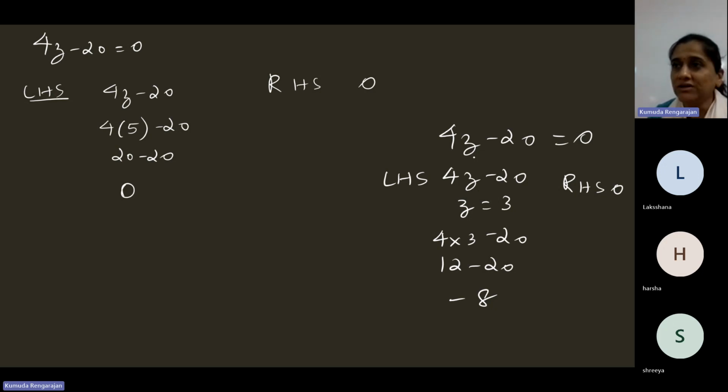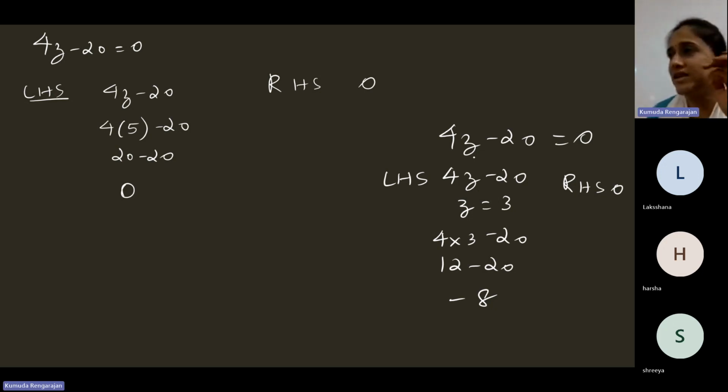If 3 were a solution, then the value you get on the left-hand side will be the same as the value you have on the right-hand side. LHS will be equal to the RHS. And it will be equal only when z is 5, not for any other value of z. We understand that, right? In the equation 4z minus 20 is equal to 0, when z takes the value 5, the left-hand side will be equal to the right-hand side.